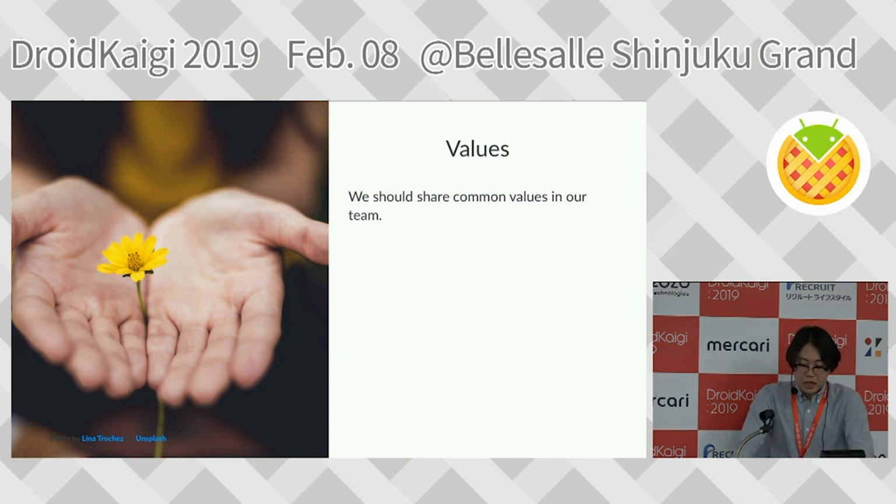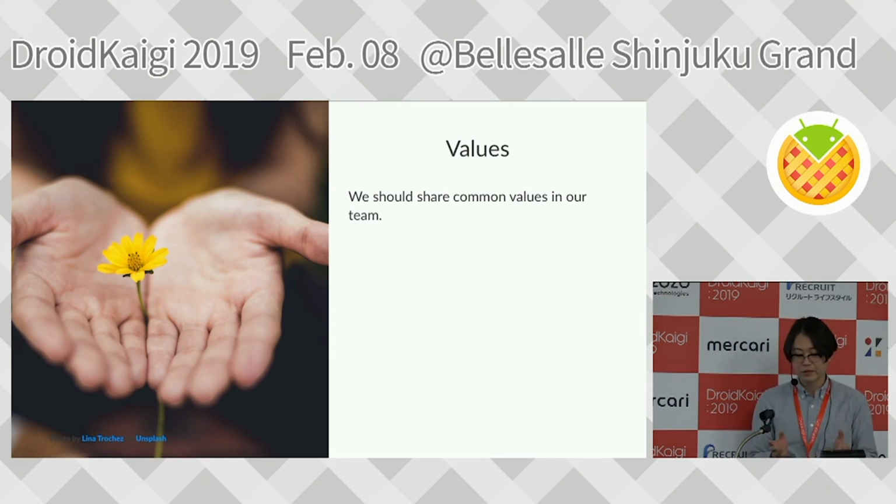Values, this is a little abstract. Before discussing code, we should share common values in the team. What sparks joy? Do you know Komari? I'm sorry. In our team, elegance of architecture doesn't matter. An easy and simple way is the best, because releases of the Android platform or libraries which we use are very frequent.